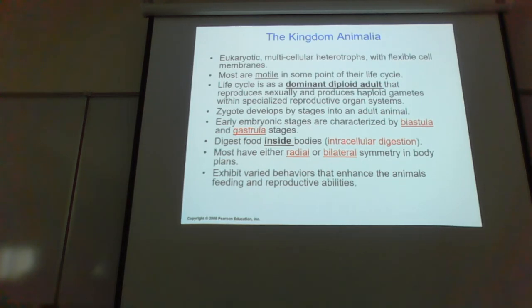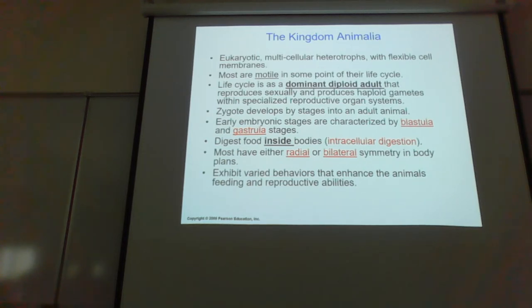With all that said, we know that all animals in general have an adult dominant diploid stage. Think about yourself, you're an animal. Again, no offense. Your dominant stage, most of the cells of your body, are diploid, with the exception of just a small fraction, which is the reproductive cells. So that's what that word dominant means.